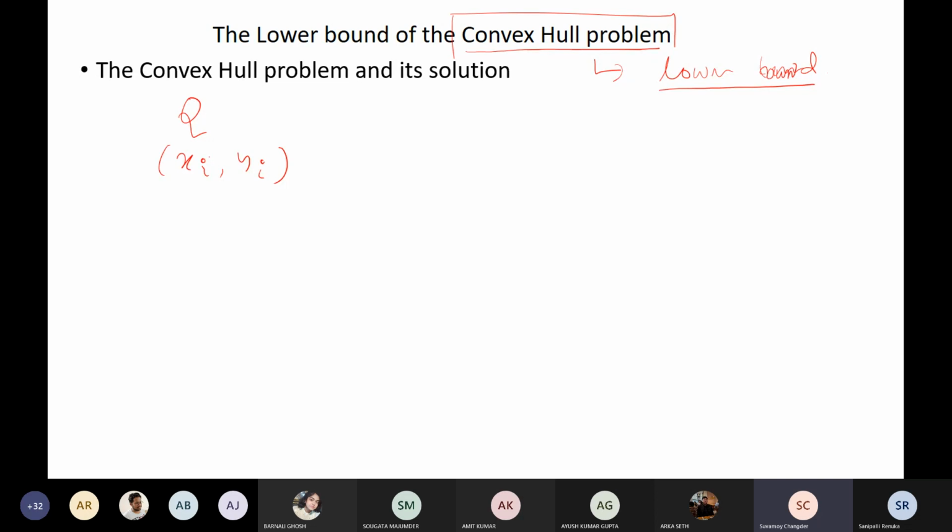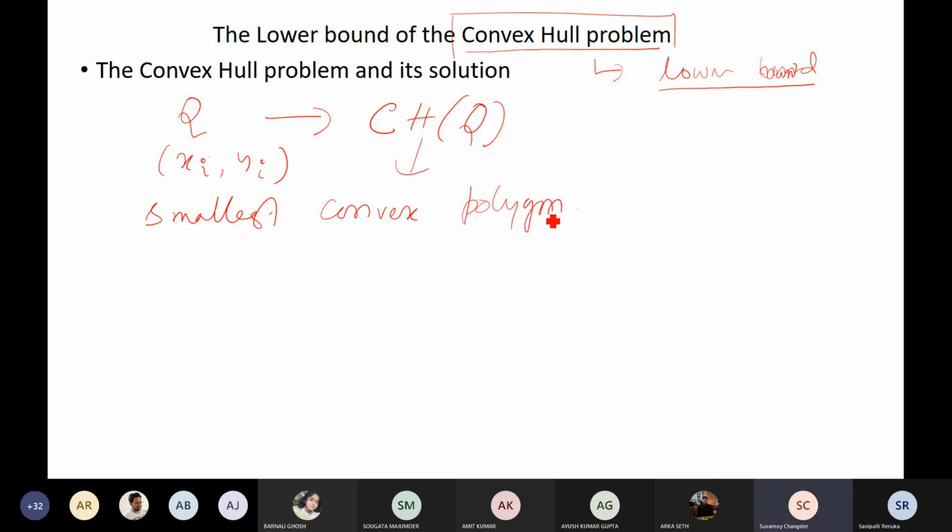Let there be n points in the set, so x1, x2 up to xn, like that. The convex hull of this Q is given as CH(Q), which is the smallest convex polygon.